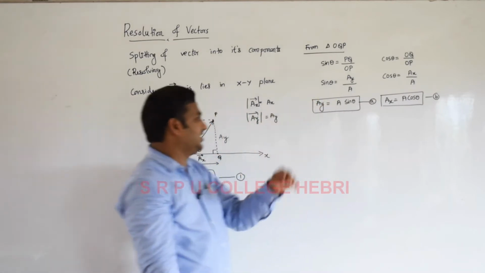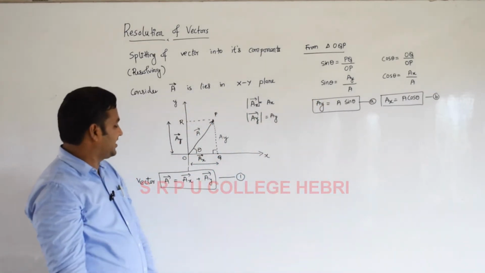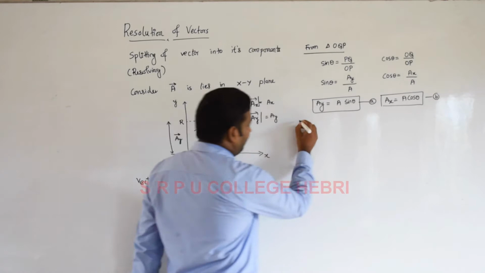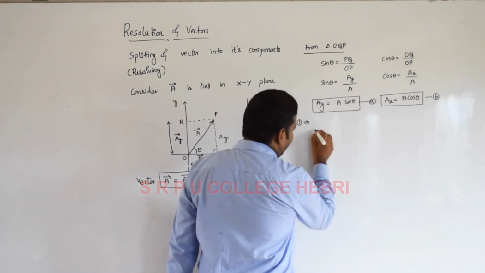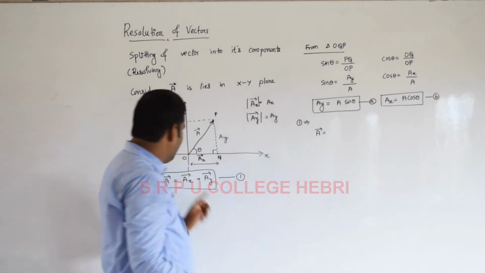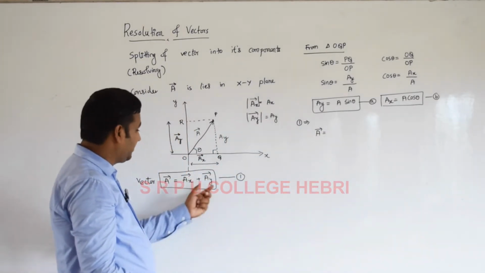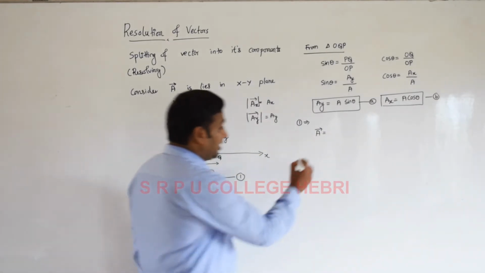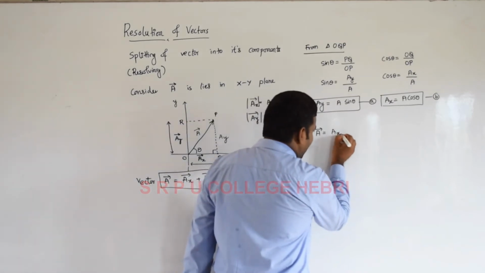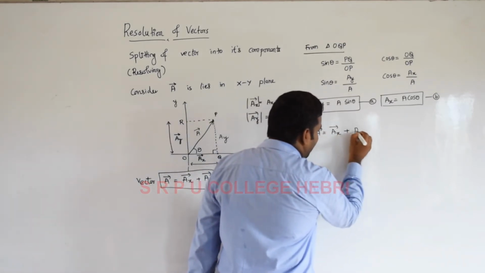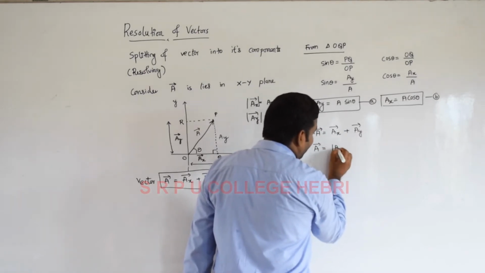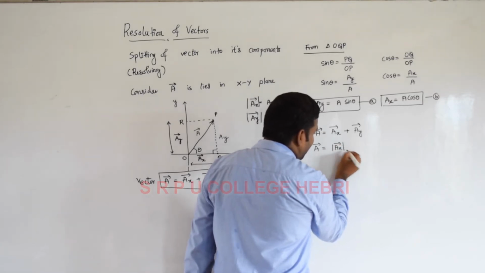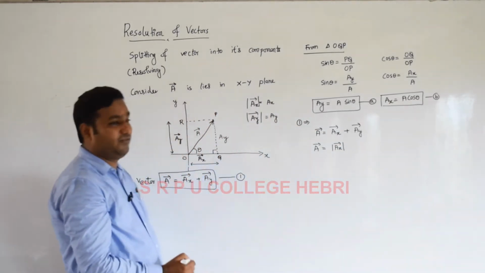By using these results, from equation 1, we can say that vector A is equal to AX vector plus AY vector. We can write vector A is equal to the magnitude of AX vector, and I want to indicate the direction for that.